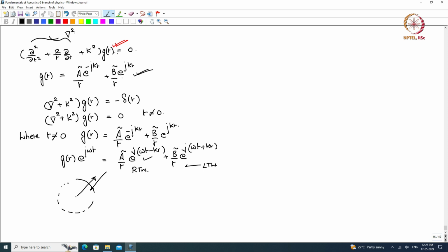Again, because we are in free space, with a single point source all the way from here to infinity, and there are no boundary conditions imposed, there cannot be an incoming wave. No incoming wave is possible.